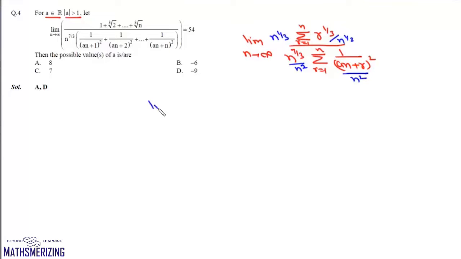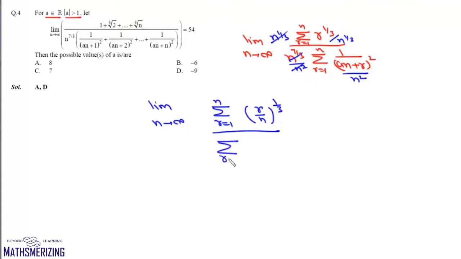So we can write this as limit n tends to infinite. Now this is n square, and it'll cancel. So we'll get this as this summation r varies from 1 to n, (r by n) to the power 1 by 3 upon this summation r varies from 1 to n, and this is 1 upon (a plus r by n) whole square, and it is equal to 54.